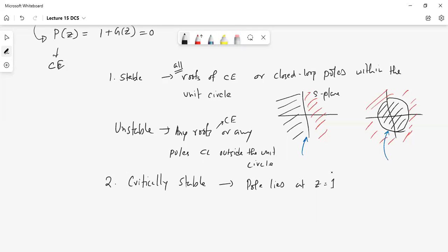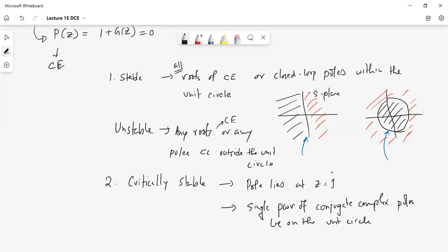We have to be careful how many poles we allow. Also, the system becomes critically stable if a single pair of conjugate complex poles lies on the unit circle.